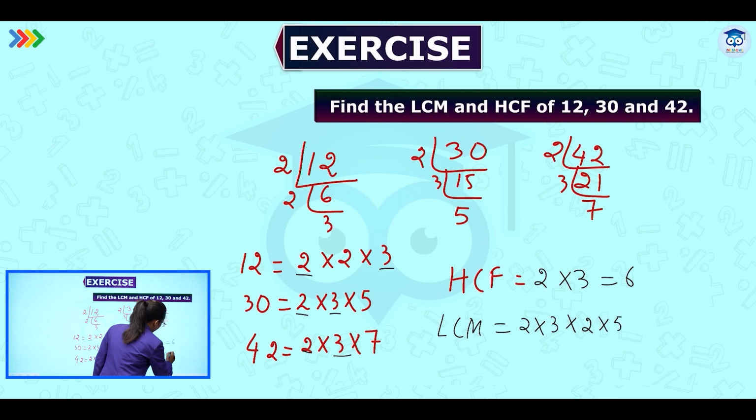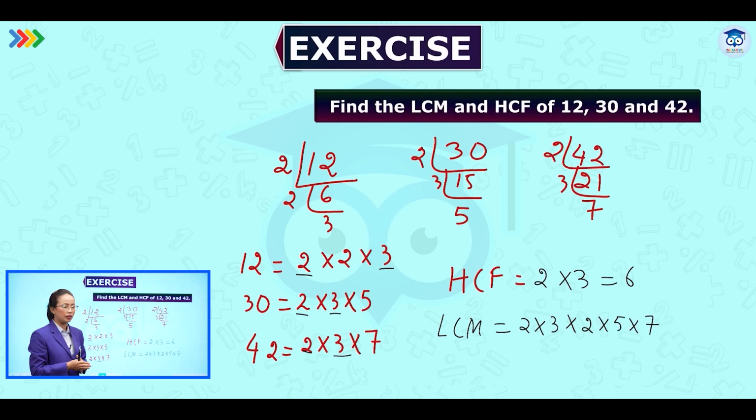One thing I would like to add here is that if you have a 2 common here, you are not going to take 2 into 2. You will consider only one 2 for the common factor. That's the rule.